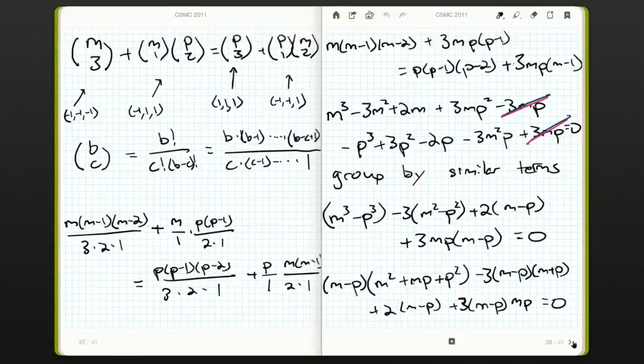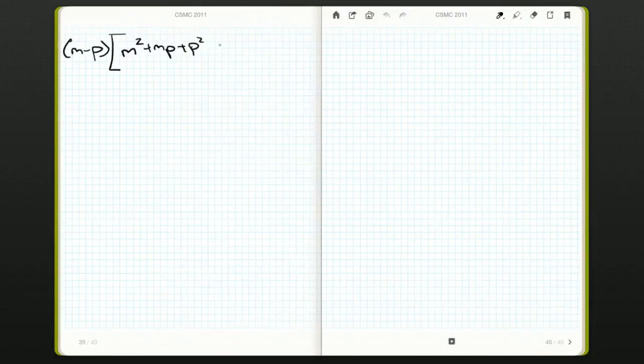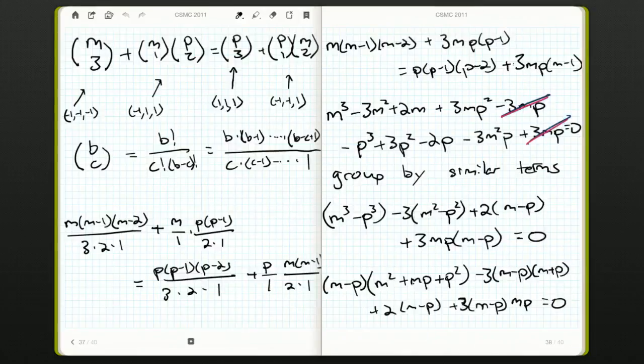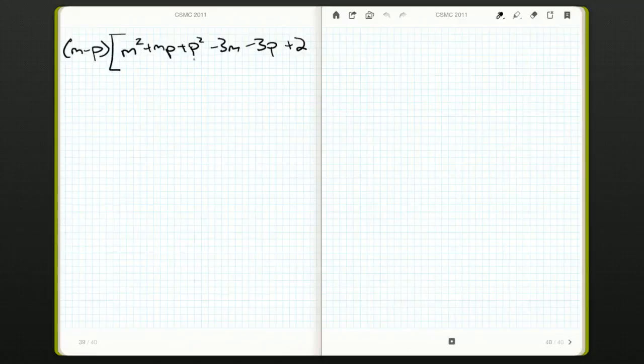Minus 3m plus p, plus 2, I think, and then was it a plus or was it a minus? Plus 3mp. Okay, so I think I've got it.